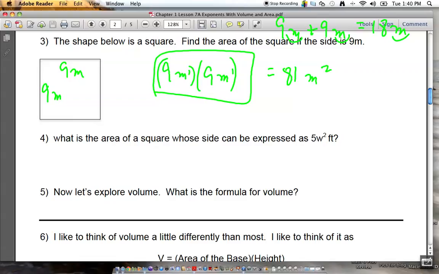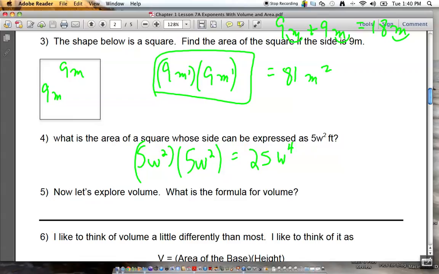Denise, how do I find the area of a square? 5w to the second times 5w to the second. So I'm going to do 5w squared times 5w squared. What's 5 times 5? 25. And then this is w to the fourth. Excellent. Very good. So I treat it just like I treat a variable.